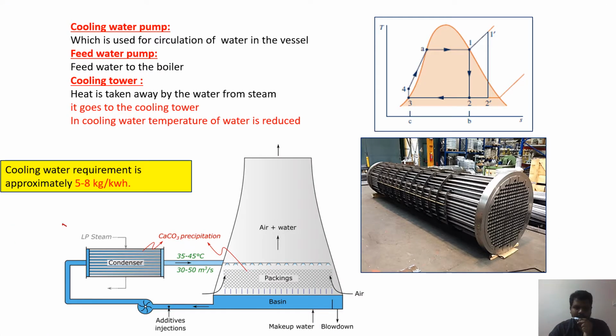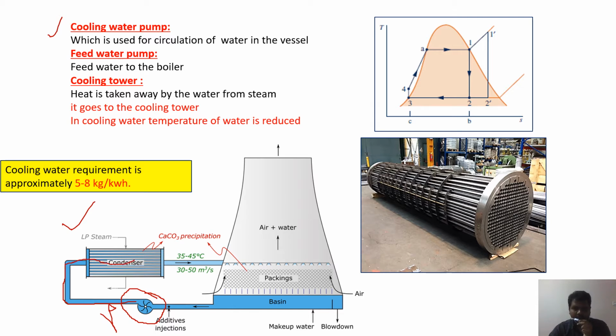As you can see in this figure, the condenser will have two pumps. The first pump is the cooling water pump. Here you can see in this figure, this is the cooling water pump. The function of the cooling water pump is to circulate water inside the vessel.